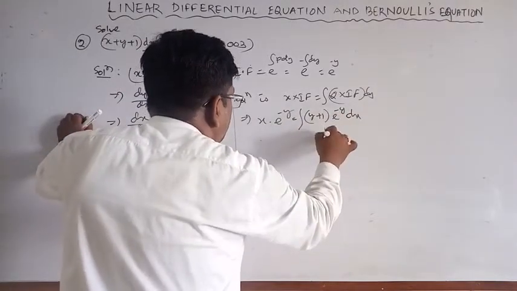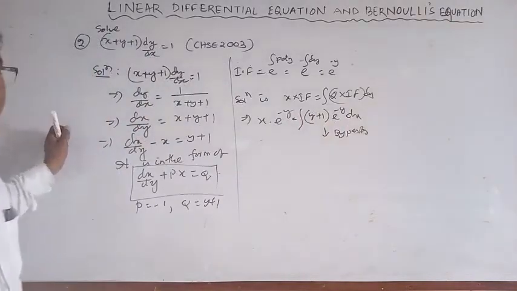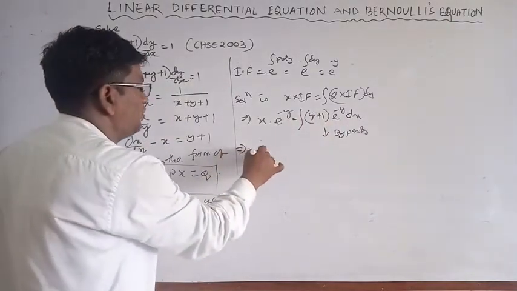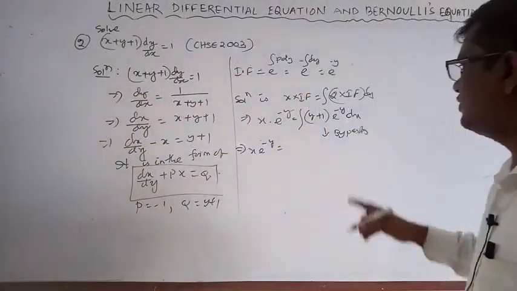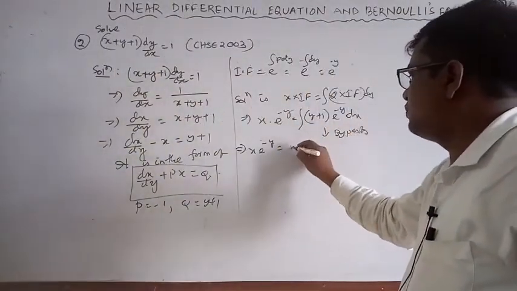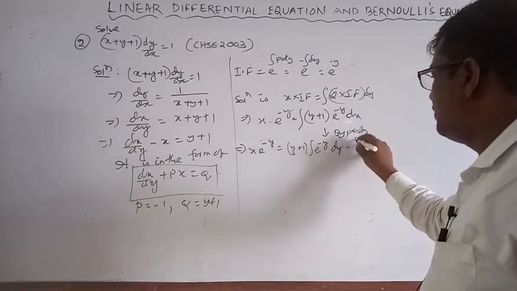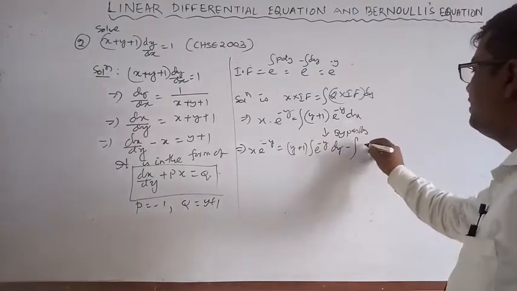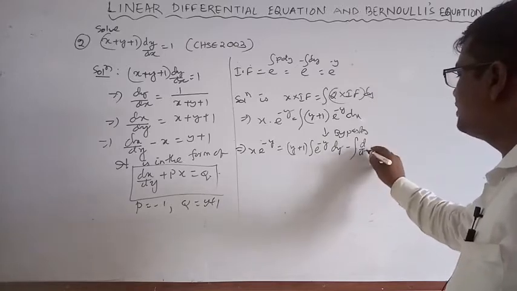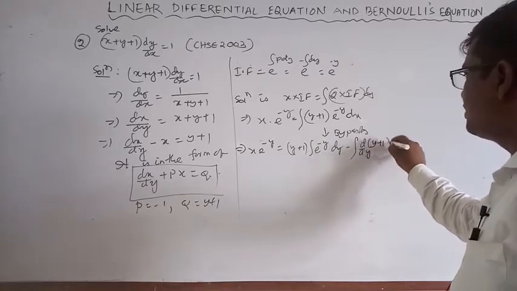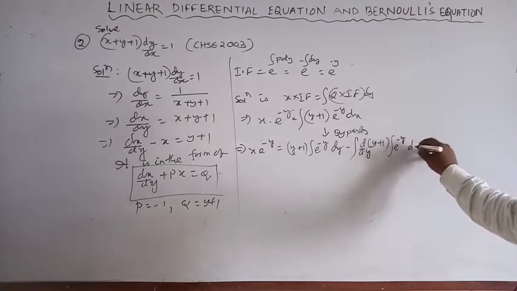Now use the by parts method. So x e^(-y) is equal to (y + 1) times the integral of e^(-y) dy, minus the integral of the derivative of (y + 1) with respect to y times the integral of e^(-y) dy.